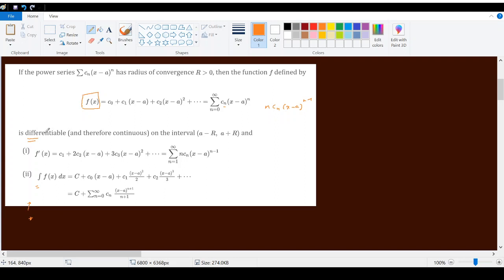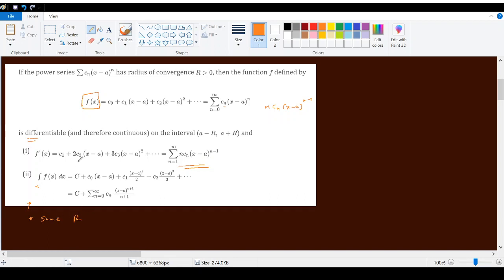When you are doing these differentiations and integrations, the radius of convergence of the resulting series will be the same, right? So the radius will not change when you differentiate or integrate, right?